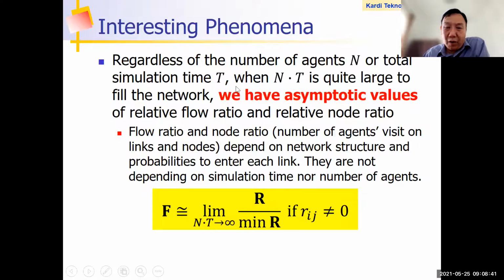So an interesting phenomenon happens when, regardless of the number of H and N or the total simulation time T, that N times T is very large to fill the network, we have an asymptotic value of relative flow ratio or relative node ratio. And amazingly, they will become integer.